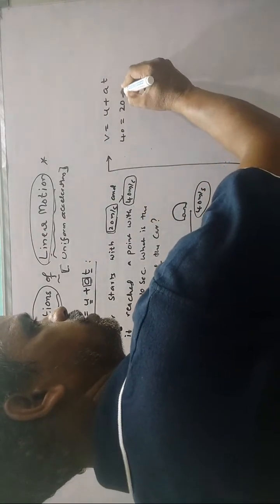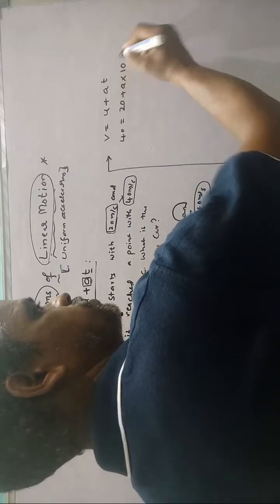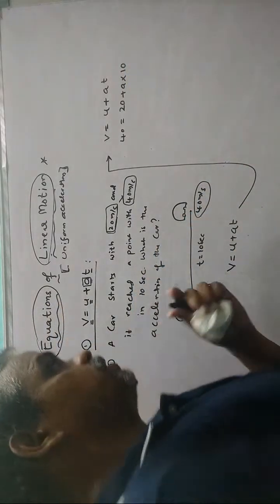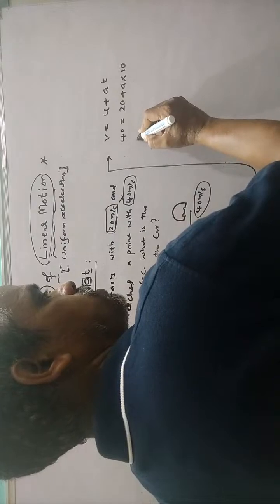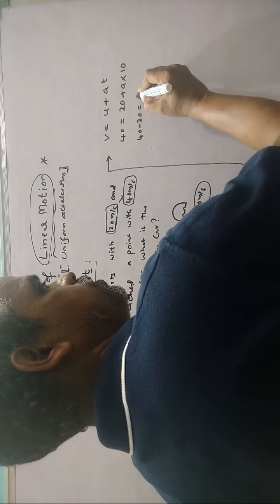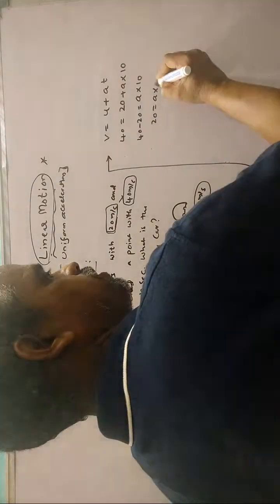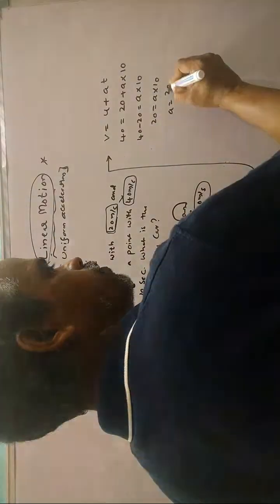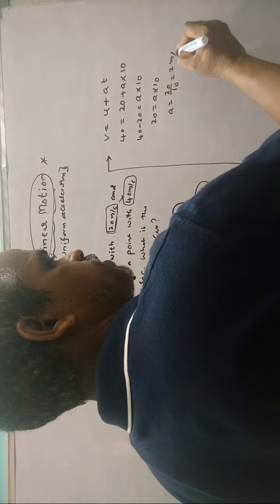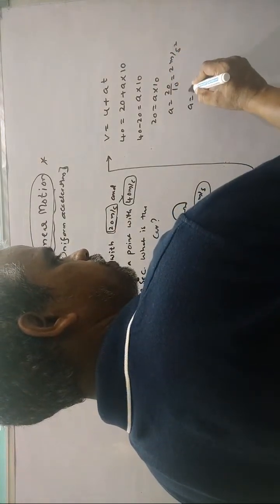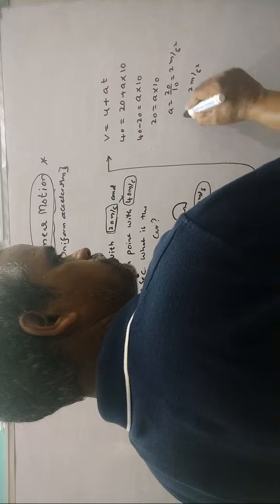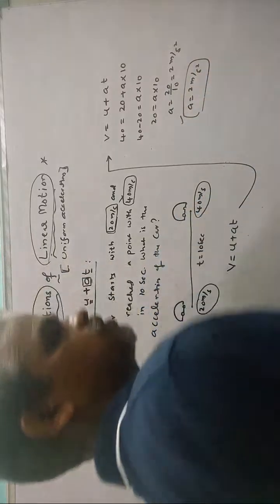U is 20, plus a into time 10 seconds. So here just 40 minus 20 equal to a into 10. 20 equal to a into 10. A equal to 20 by 10, that is 2 meter per second square. This is the answer.